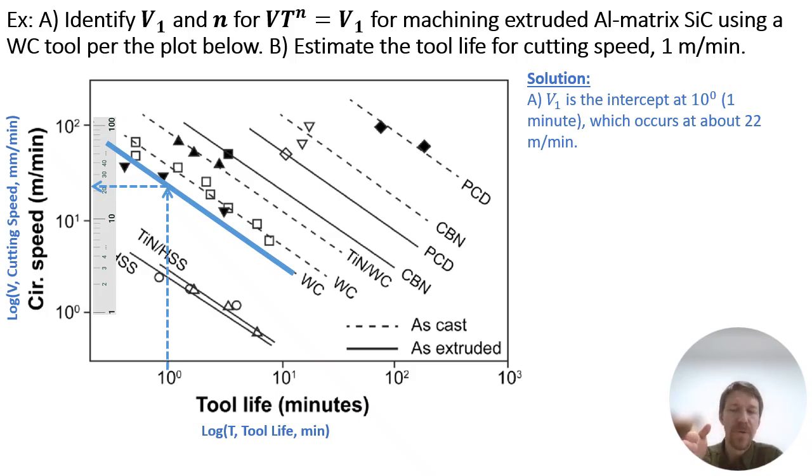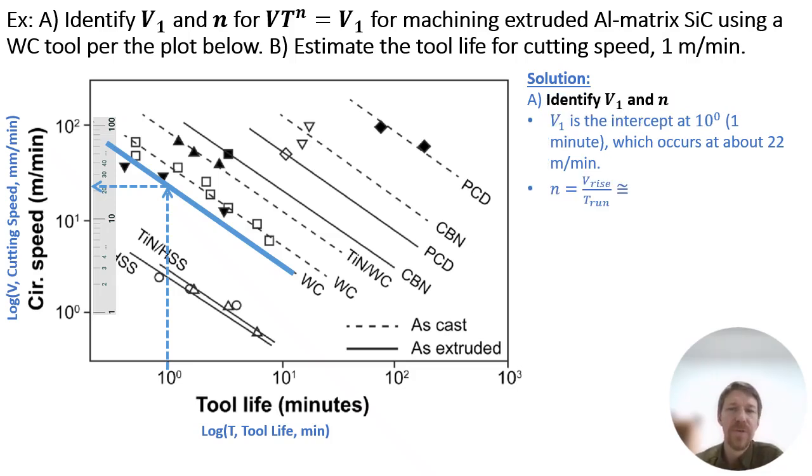Go from the horizontal axis up to the WC line, so the trend that we're looking for, and then go left to the vertical axis and find what value that intercept is at. And I'm going to put a little ruler on there so I can take a closer look. I can see when I look at that ruler that it's somewhere around 22. So the solution, V1 is the intercept at 10 to the 0 power, which is 1 minute, which occurs at about 22 meters per minute.